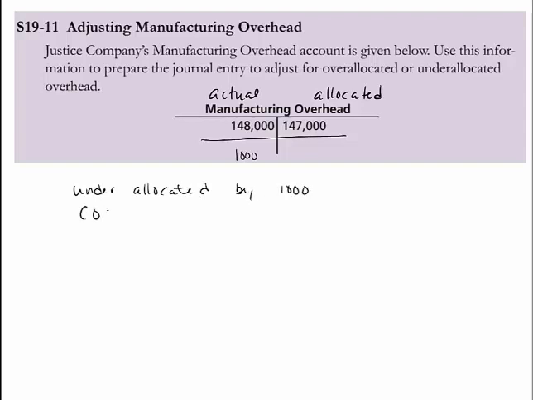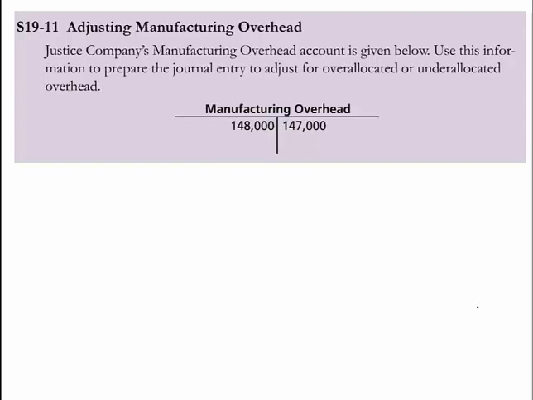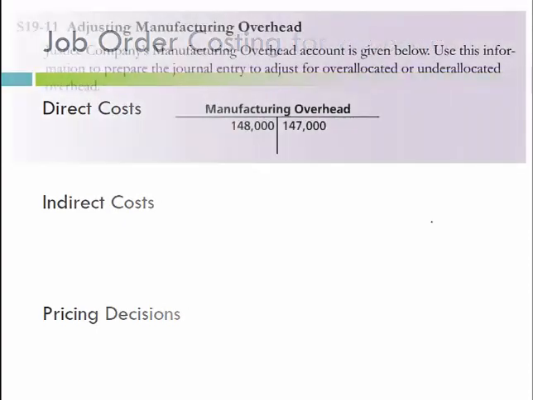So that means cost of goods sold is too low by $1,000. So I need to fix that so that next year when I'm doing my planning, I've got the right number. And so I need to adjust that so that the numbers I'm reporting on my financial statements are correct as well.